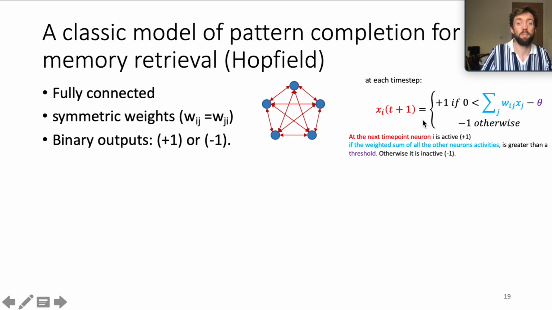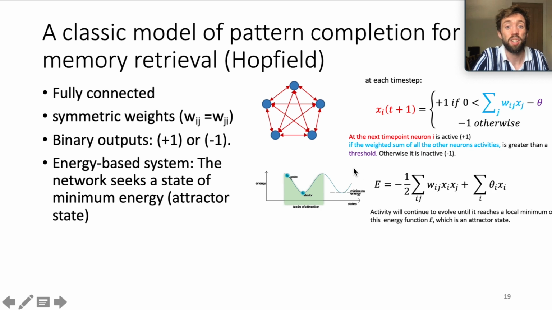So the dynamics of the model work as follows. At each time step, the neuron i is active with a +1 if the weighted sum of all of the other neural activities, weighted by the synaptic inputs to this neuron, is above a threshold, theta. And if it's below that threshold, the neuron becomes inactive, which is coded by a -1.